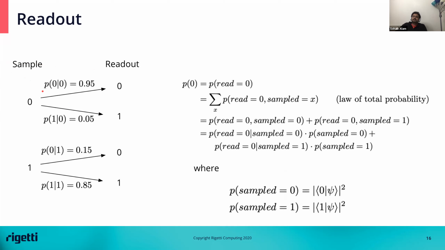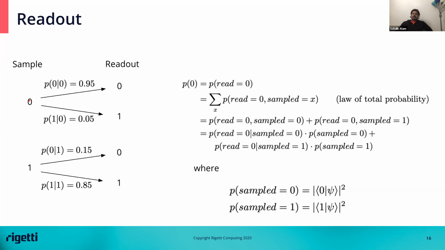So even though the true state of this bit is zero, the probability that you actually read it out as a one is small, but non-zero, right? That's basically what we mean by a readout error: you'll misread it as some other value, even though it truly is some particular value.